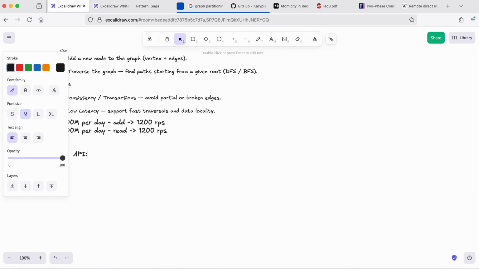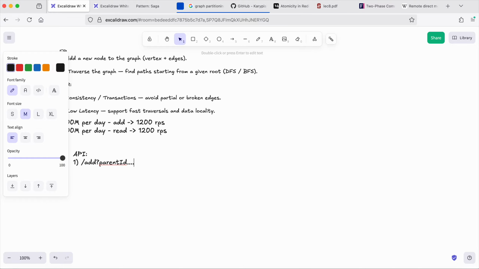We have two entry points. One of them is add, with some parameter, parent ID, some identifier.